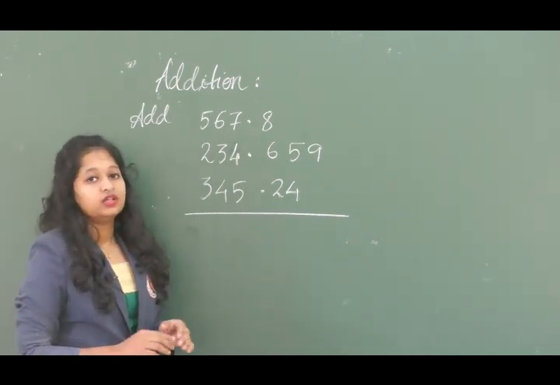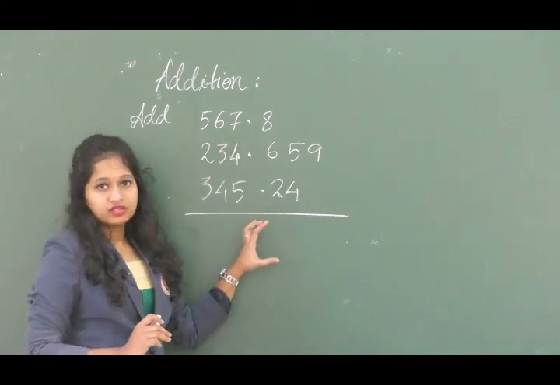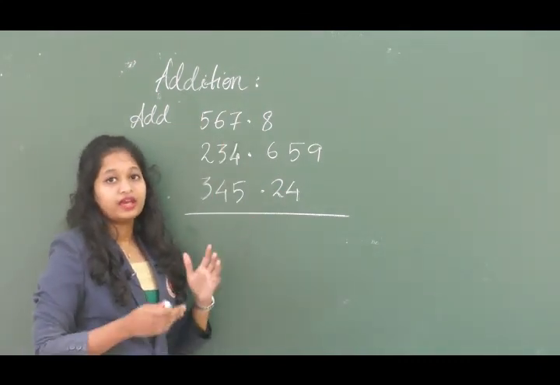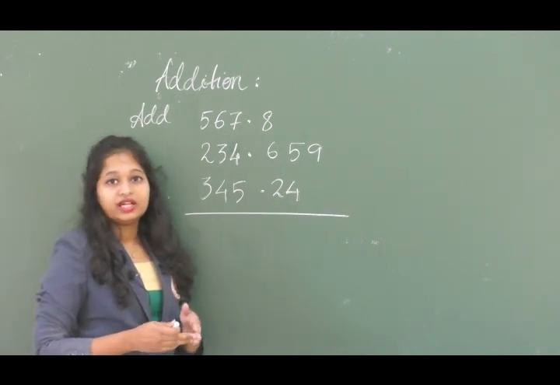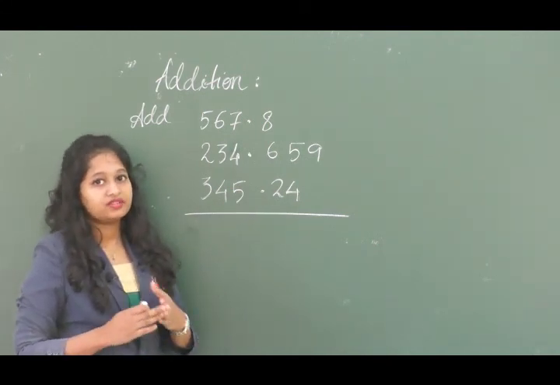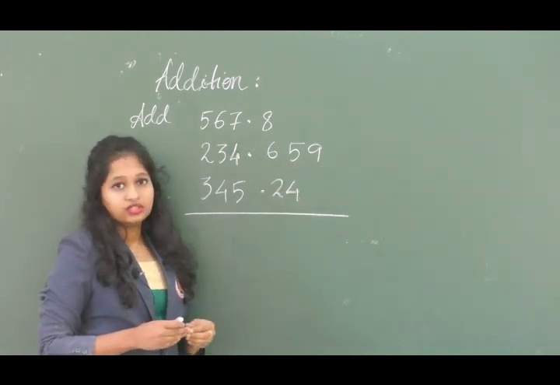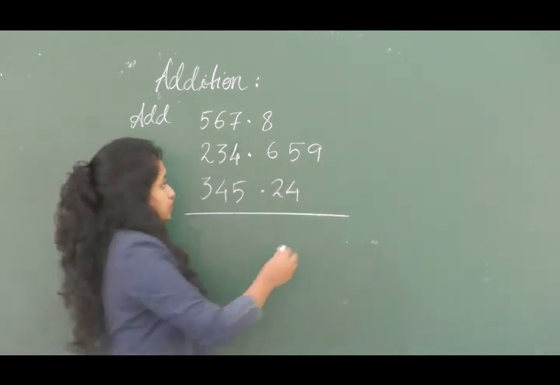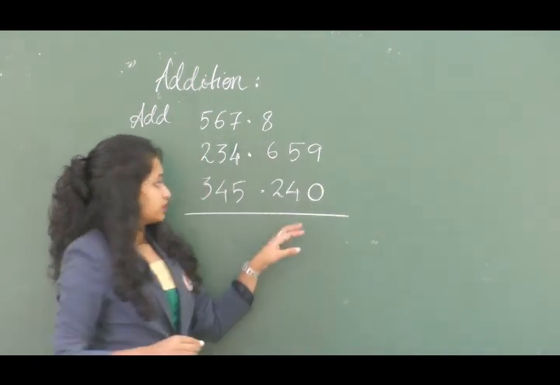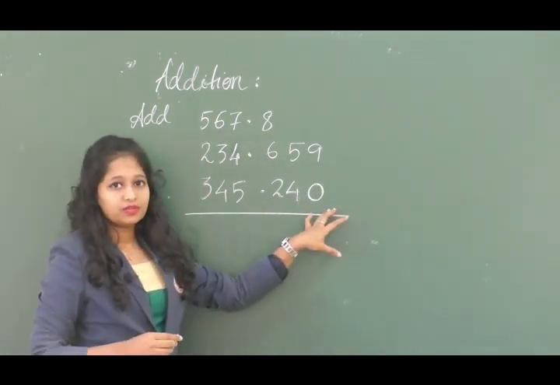First, place the numbers in this form and then convert the unlike decimals to like decimals. Here there are 3 decimal places. So you place a 0 near this number.